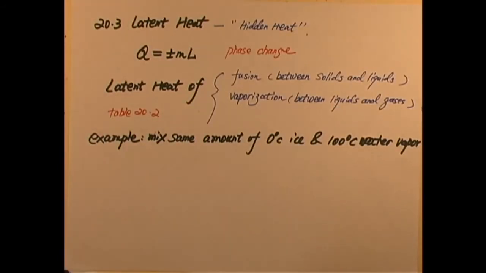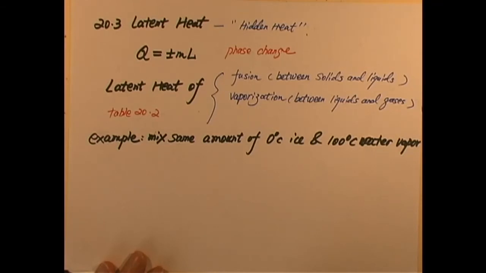20.3 is latent heat. Latent means hidden heat. And this deals with phase change. We have three different phases, for example, solid, liquid, and gas.